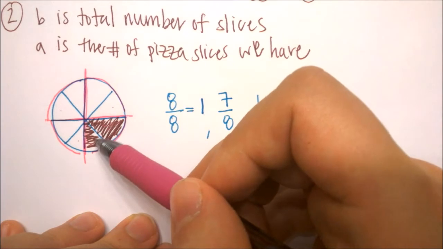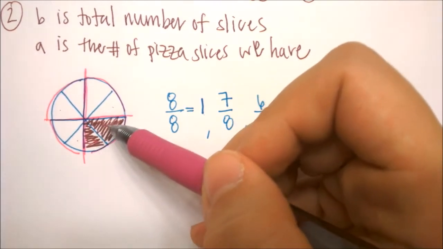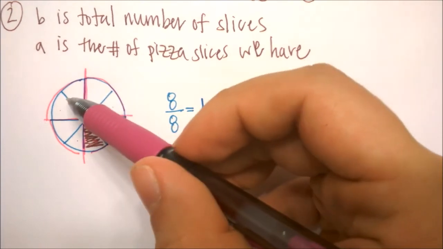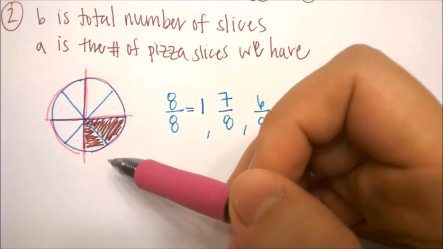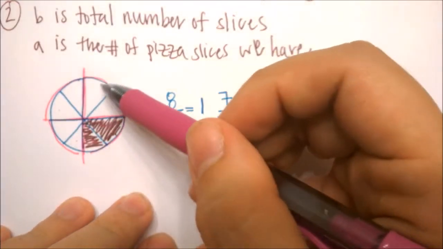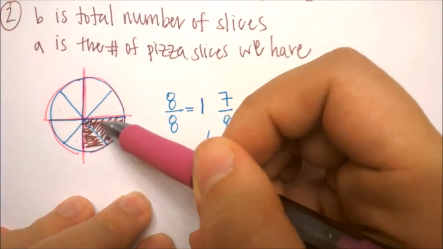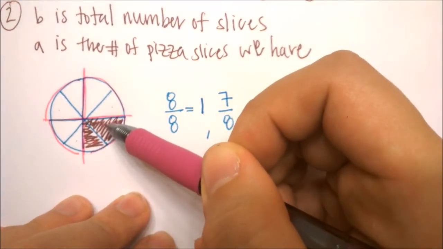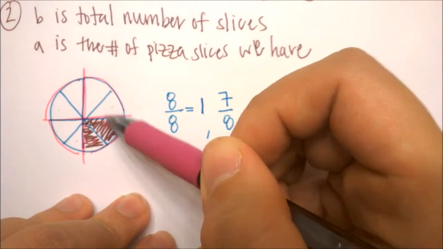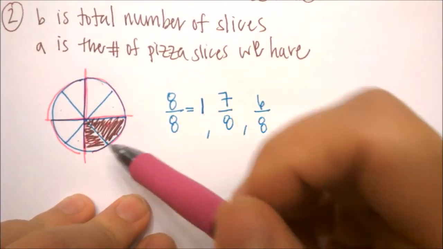So if we eat 2/8 of the pizza, 2 out of 8, we're left with 1, 2, 3, 4, 5, 6/8. But if we're looking at it in terms of fourths, this is a whole slice, this is a whole slice, this is a whole slice, this is a whole slice, these 2/8 make up 1/4. So we're left with 1/4, 2/4, 3/4.